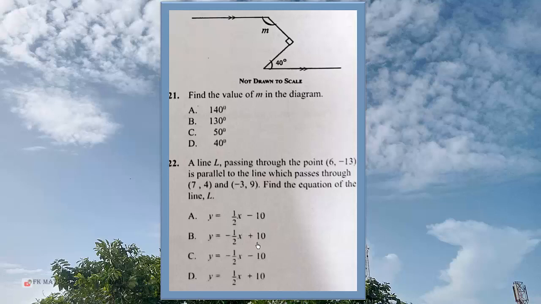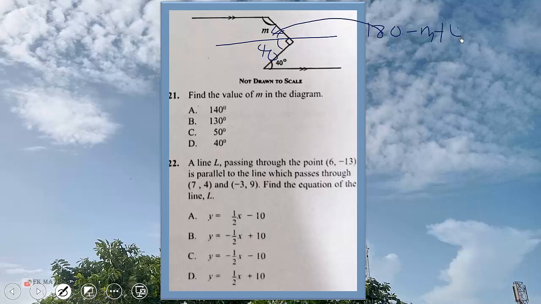Now we have this question 21. Find the value of m in the diagram. So we can see that if we draw a line through, this place will be 40, and this angle here will be 180 minus m. So when we add 180 minus m to the 40, it should give us 90.